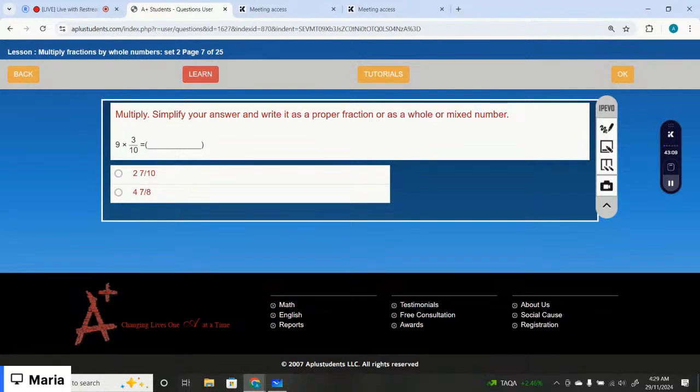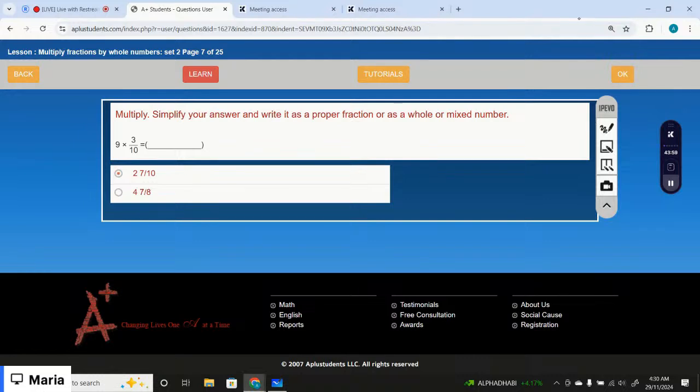9 whole 3 over 10, which is the correct option? That is 2 whole 7 over 10.